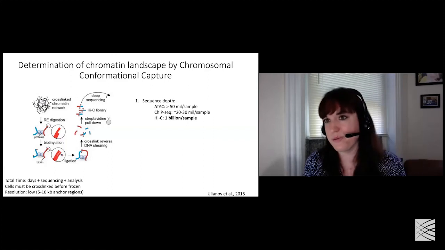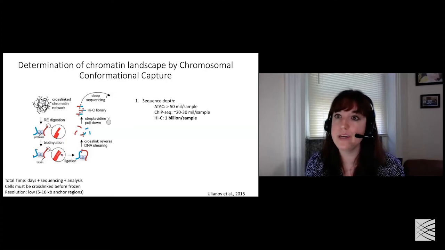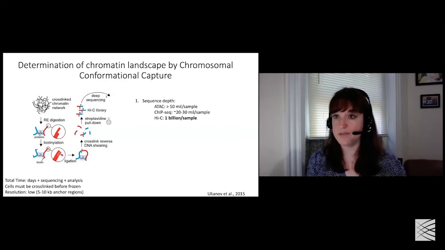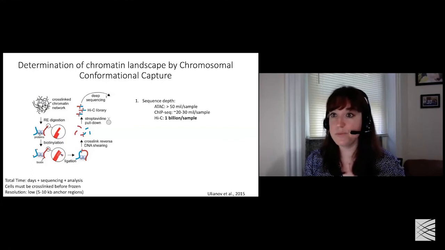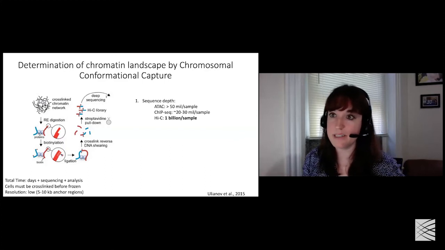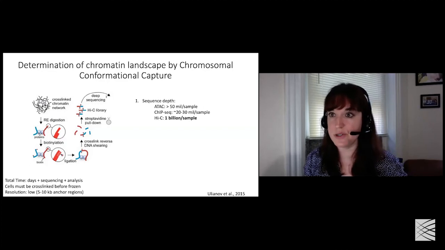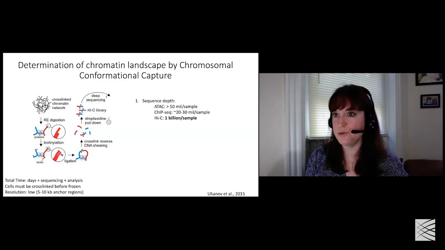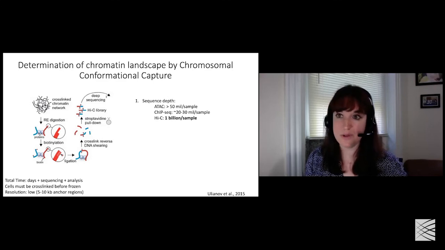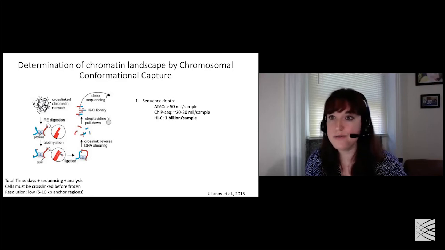So like I said, it really depends on the question you're trying to answer, but generally, if you were to do a ChIP-seq with H3K27 acetyl, like an active enhancer ChIP-seq, and then look at the ATAC-seq, you get a really high overlap, maybe up to 90%. And that shows that the quality of your data is good too, right? Because you're using two different techniques to answer a similar question, like which regions are active.